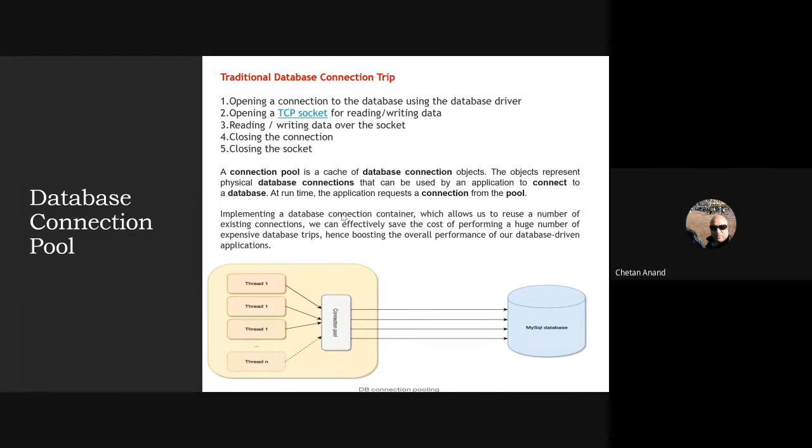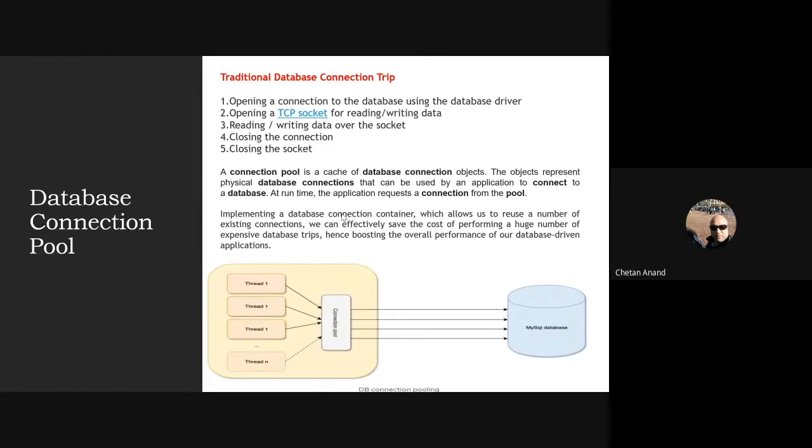That means every time it has to go across to the database, open the TCP socket, read the data over the socket, and subsequently close the connection and the socket. If you are running just one insert or update, you don't really know the performance. But in a typical database-related web application, there will be thousands of customers going in, doing all kinds of transactions and coming out.